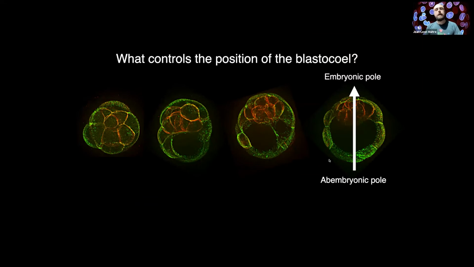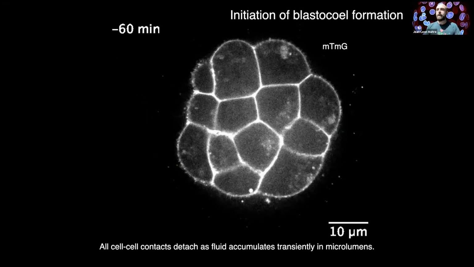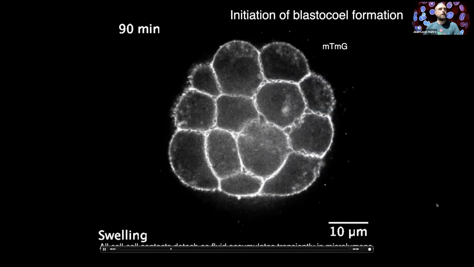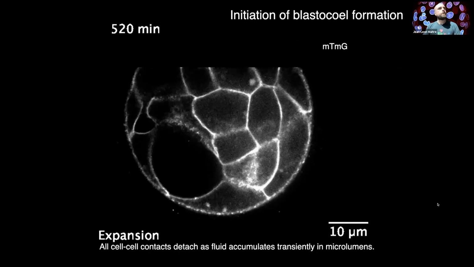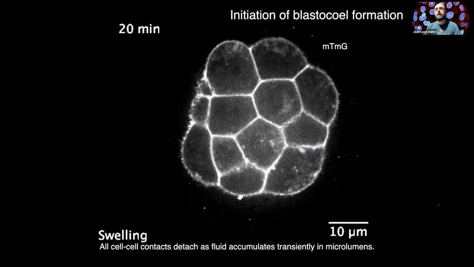Okay, so to understand this a bit better, what we did was simply to image the process at high temporal and spatial resolution. And so this is a mouse embryo at the onset of lumen formation. It is now 32-cell, and it will start the formation of a lumen. So what you can see is that there are small gaps which appear within the tissue throughout the embryo.